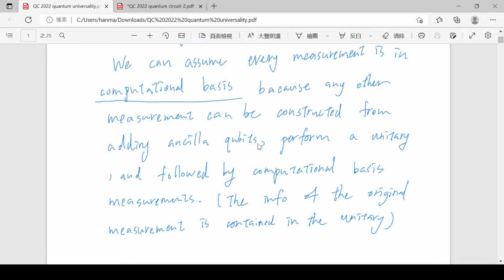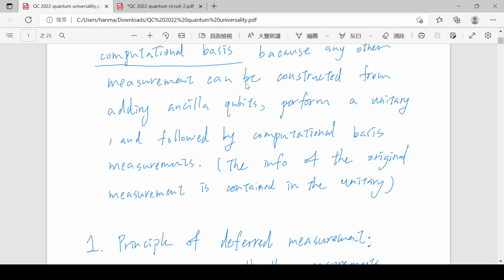And this doesn't change the possible computational power, because we will prove this in the first or second chapter, that whatever general measurement, okay, so the general measurement is decided by a set of operators. Let me write this.